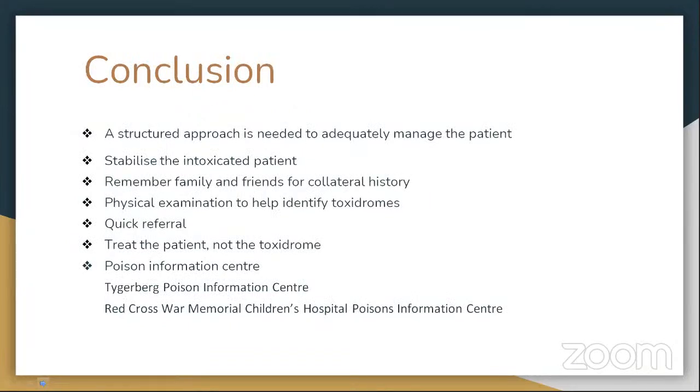So in conclusion, a structured approach is needed to adequately manage the patient, as Karishma identified. Stabilize the intoxicated patient, use family and friends for collateral history, a thorough physical examination including a primary and secondary survey to help identify the toxidrome, quick referral, treat the patient, not the toxidrome.